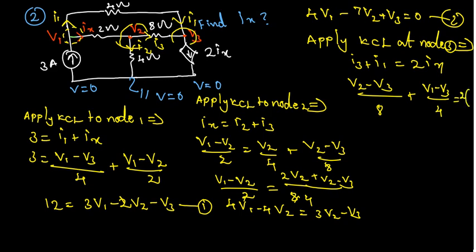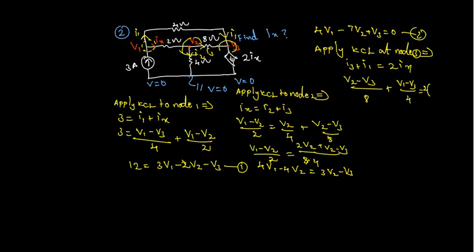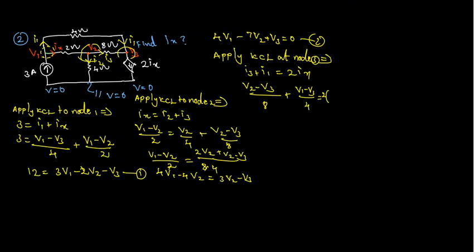For Ix, I don't have any space here, so just 2 times Ix, (V1 minus V2) by 2. So it is our third equation. When we solve this, we come to a conclusion for the answer.